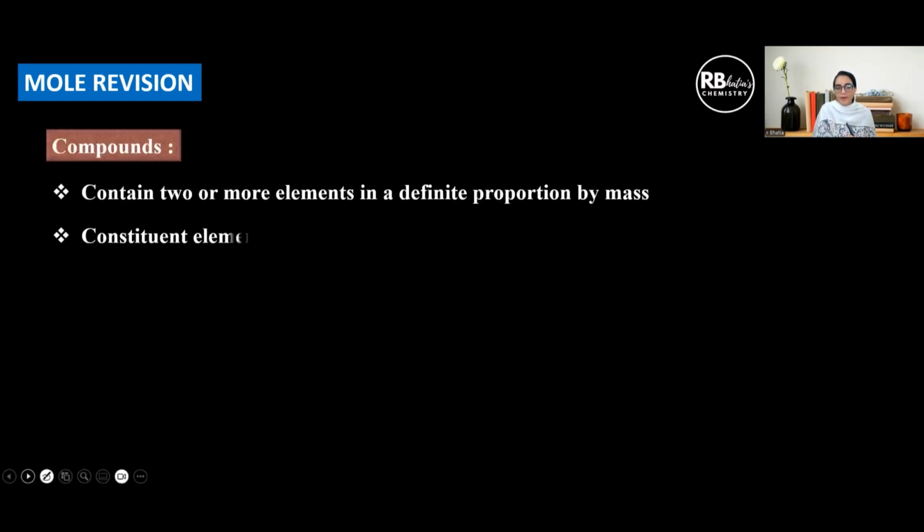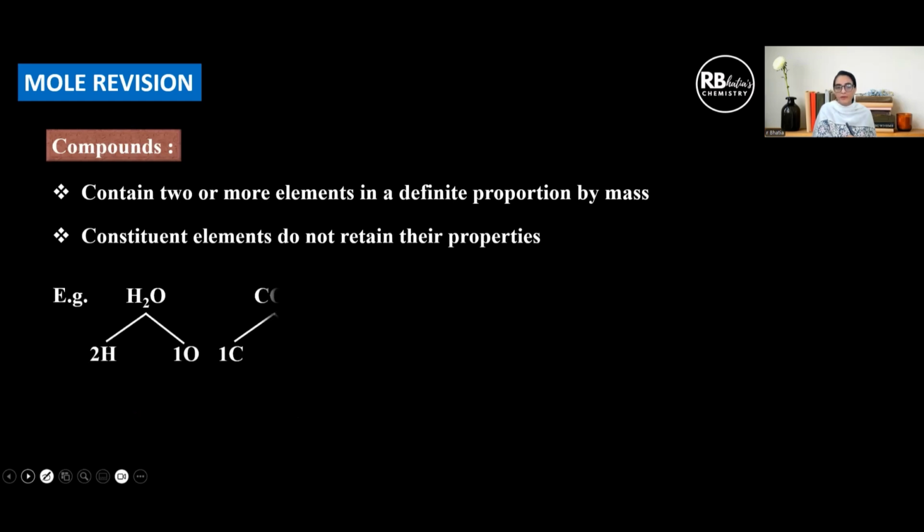Next is a compound. Compounds contain two or more elements, very important, in a definite proportion by weight, in a definite proportion by mass. Constituent elements do not retain their properties. What does it mean? Hydrogen is an inflammable gas.